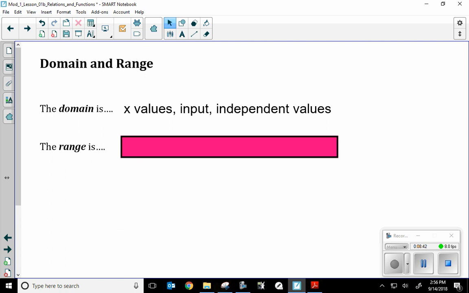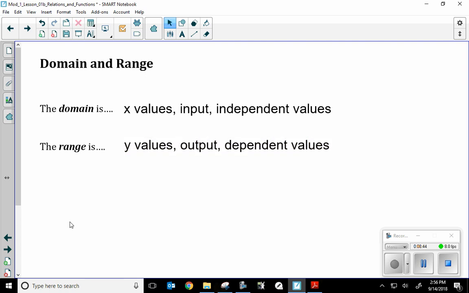The range, on the other hand, the range are all the y values. Those are the outputs. Those are dependent values because y depends on what x is. You can't get an x out of your function. You can't solve your equation unless you have an x. Your y will change depending on what your x is.